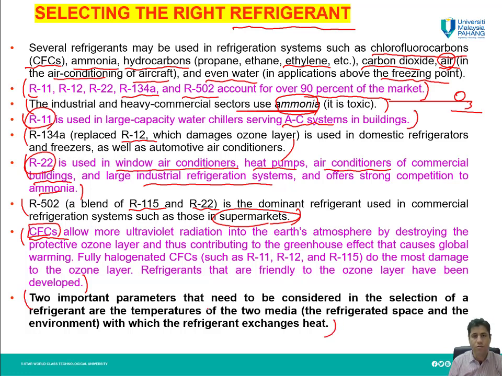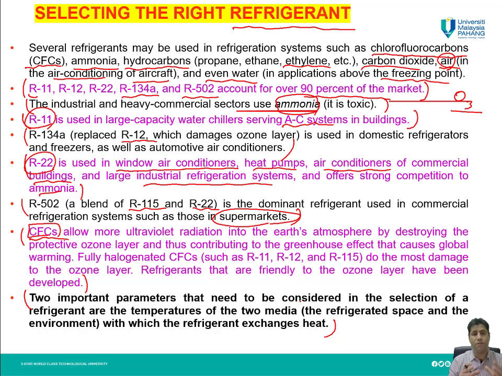Then, as I told you, to select the appropriate refrigerant, it is important to notice which temperature difference we are going to reach between the cooler medium, cooler region, and warmer region. And it will determine the type of the appropriate refrigerant. Moreover, we need to consider the space which we are going to cool down.